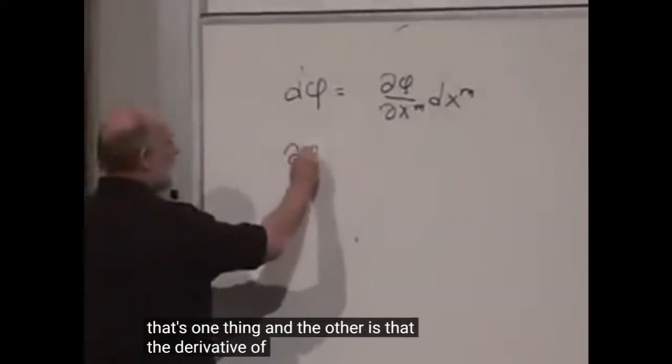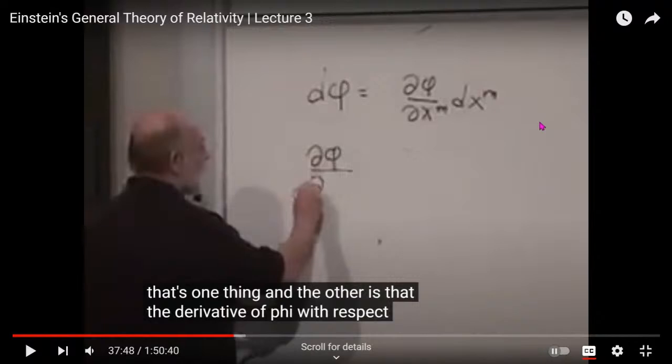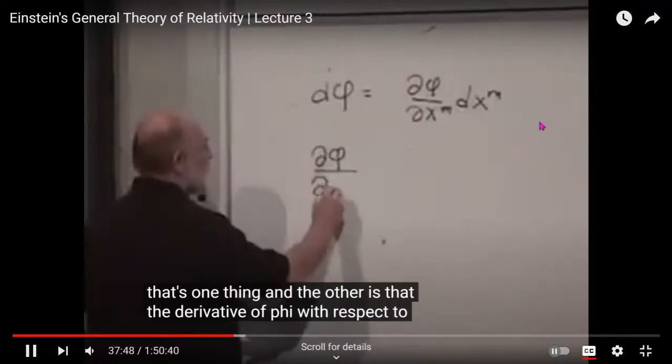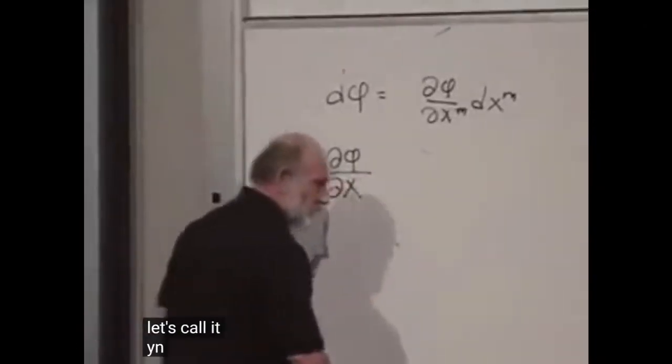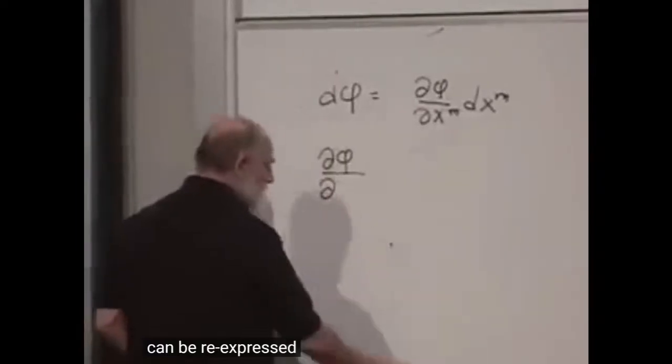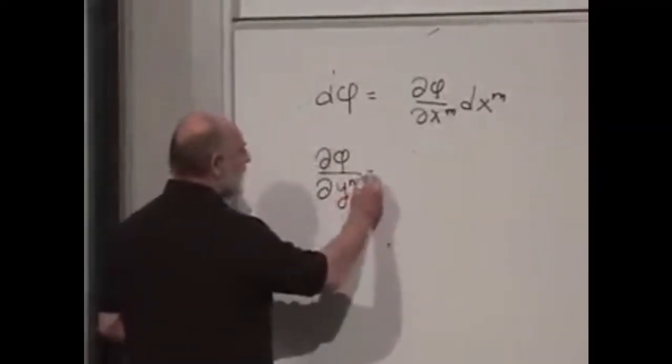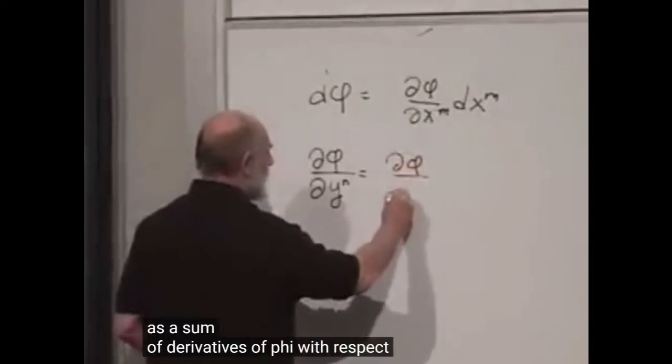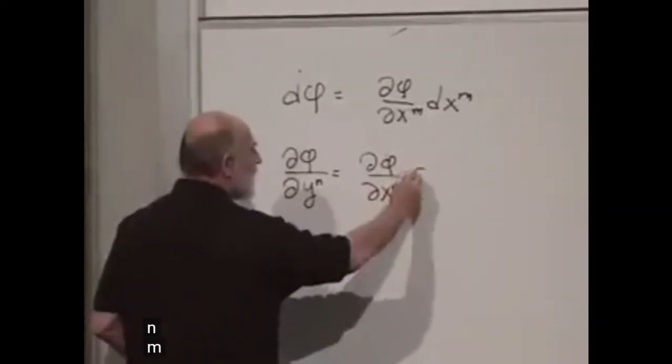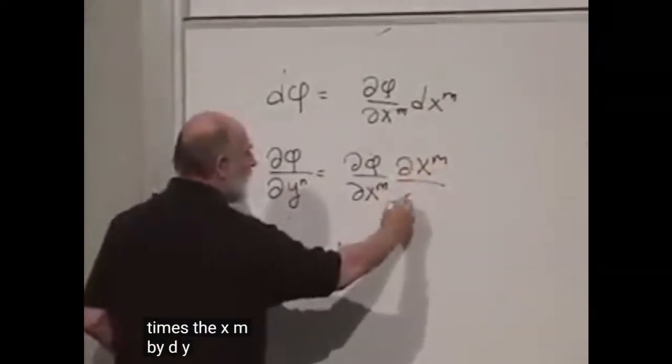And the other is that the derivative of phi with respect to yn is equal to the partial of phi with respect to xm times partial xm over partial yn, summation implied. It can be re-expressed as a sum of derivatives of phi with respect to xm times dxm over dyn.